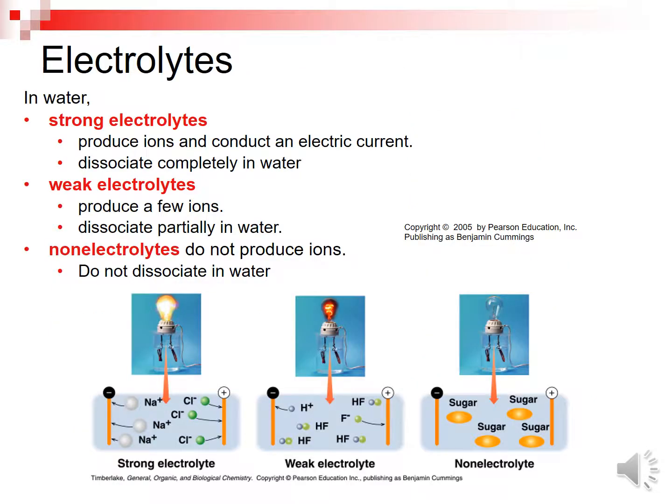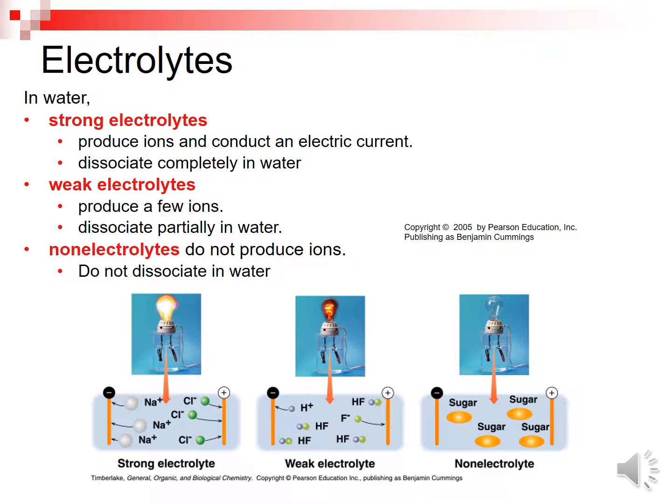When you have ions in water, any solution that produces large amounts of ions in water is considered a strong electrolyte. We call it an electrolyte because the liquid solution will actually conduct electricity.